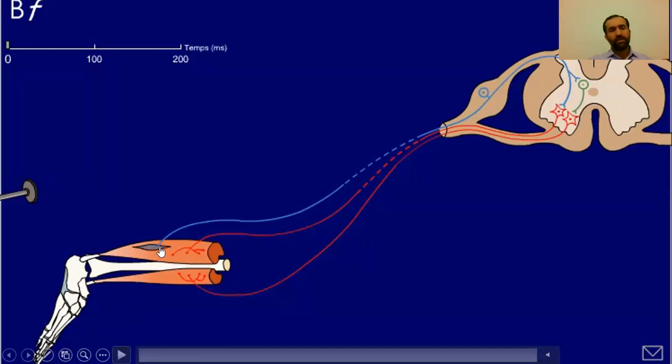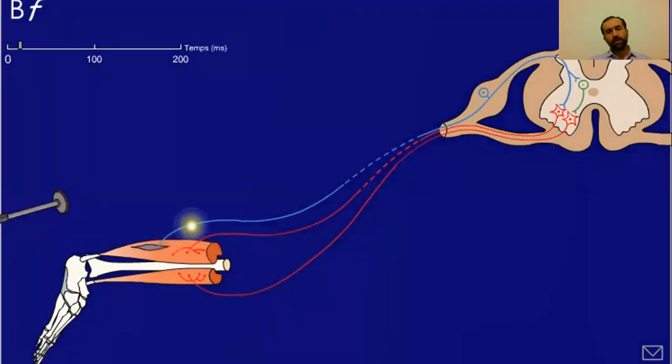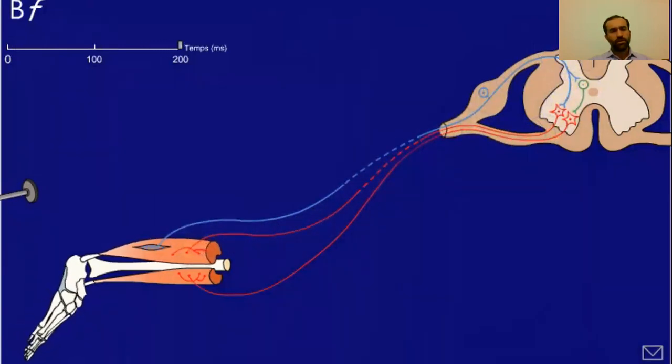By hitting it, I will observe a message starting from the neuromuscular spindle and going to the spinal cord, and it will return to the same muscle again. This is the sensory message, a frequency of action potentials going to the spinal cord. They return to the same muscle by the motor message.